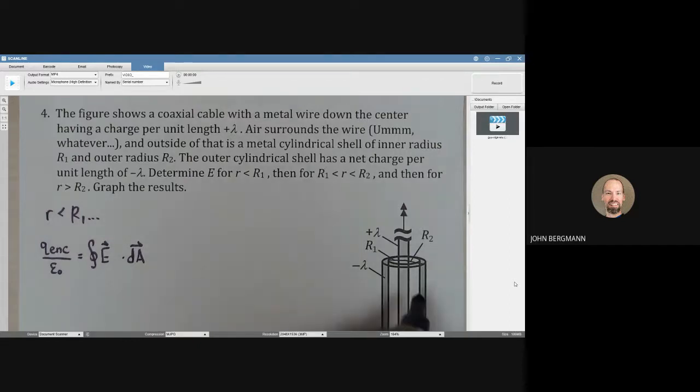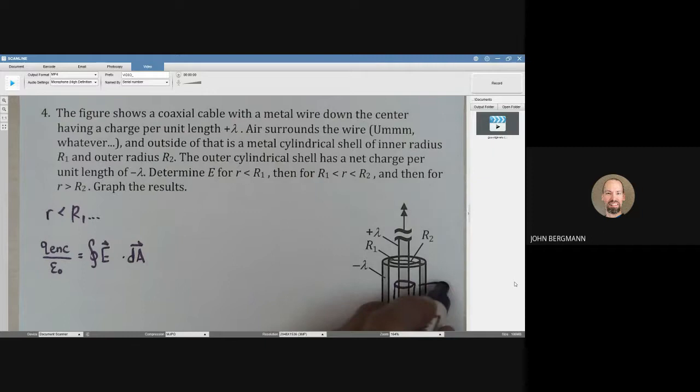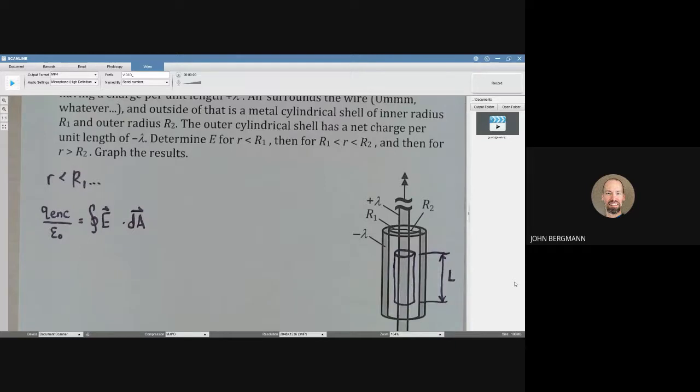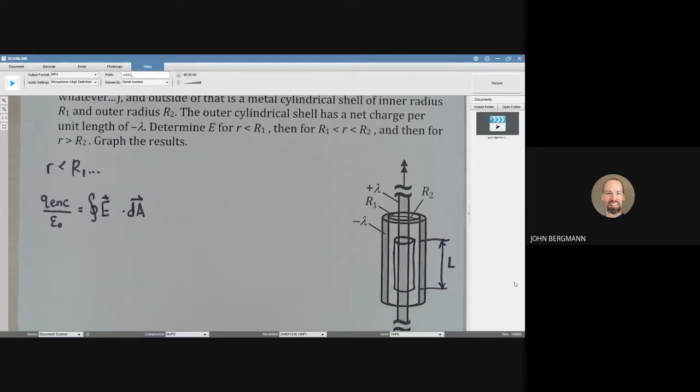What we need here is a Gaussian cylinder that has a radius r that is less than R1. So there it is right there. I could draw it bigger or shorter, but it doesn't matter. And that's got a certain height or length. Let's call it L this time. Let me scoot that up so you can see that. This is on the outside of the wire, but within the cylindrical shell.